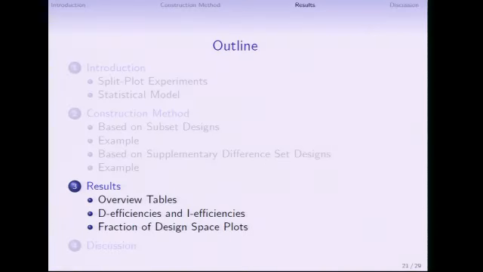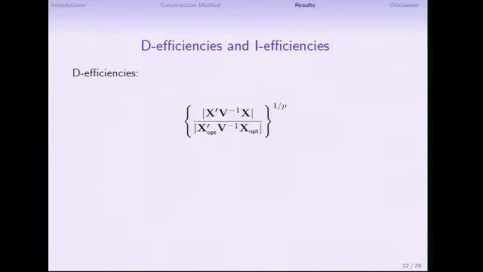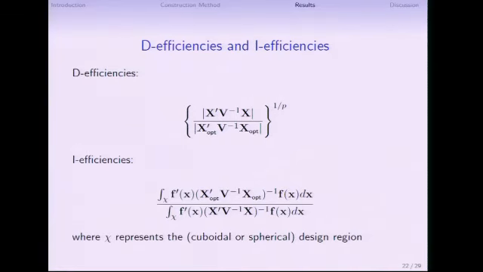And now we will continue with our results. By this construction method, the D-efficiencies that we report in the table are given by this ratio, where X is the model matrix of the equivalent estimation design, and X-opt is the model matrix of the D-optimal design. Also, we report some relative I-efficiencies, which are given by this ratio.